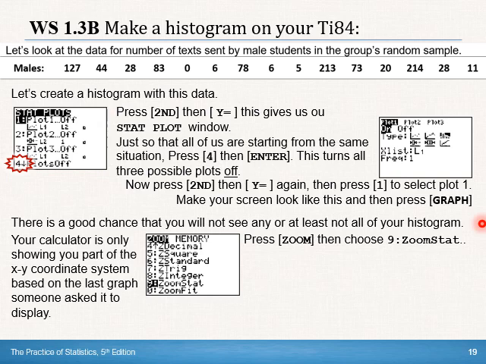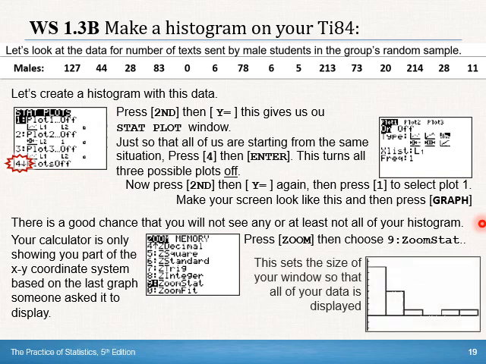And then we want to cursor down to zoom 9, or just hit 9. That's called ZoomStat, and what that does is it sets the window necessary to show your data properly. So you notice here we have a histogram clearly skewed to the right.